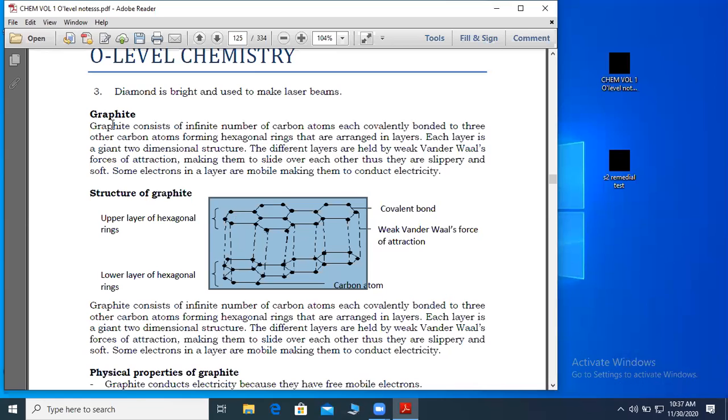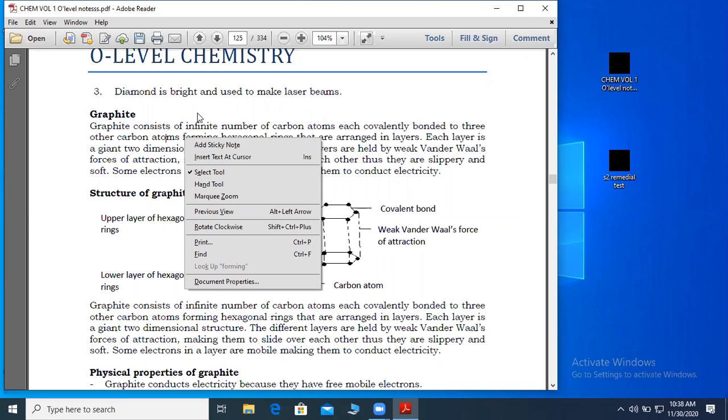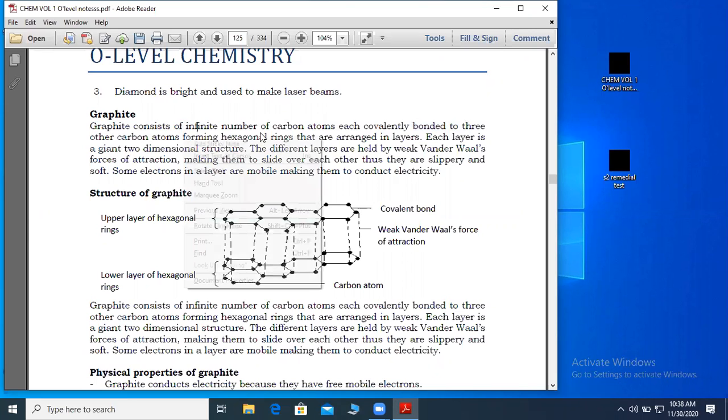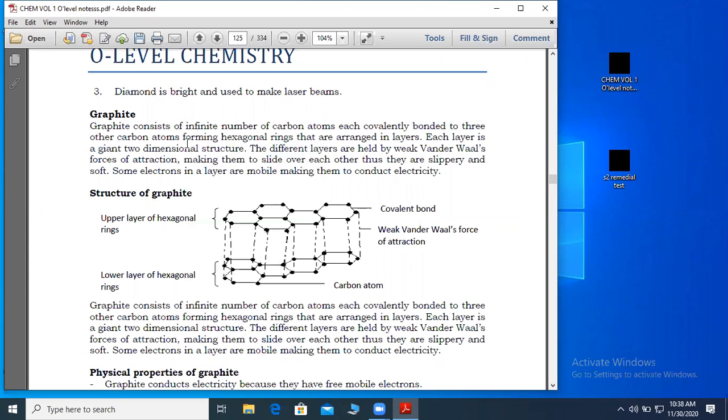Electricity. So we are saying here, graphite consists of an infinite number of carbon atoms covalently bonded. Each carbon atom is covalently bonded, mark this, to 3 other carbon atoms, forming hexagonal rings that are arranged in layers.